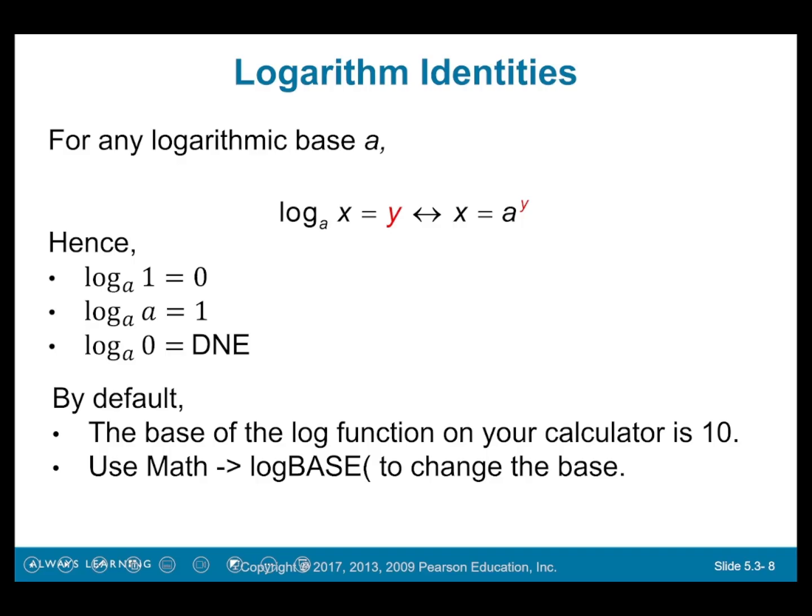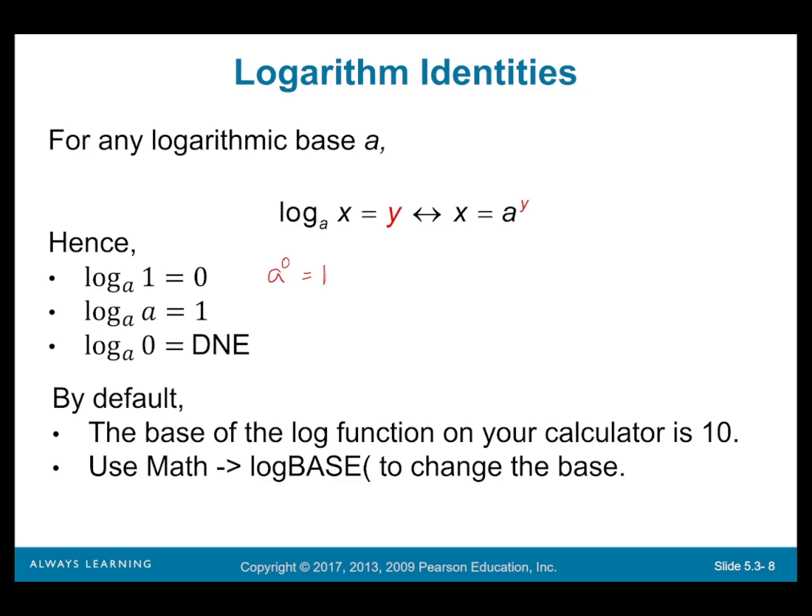Now, a couple of things that are important to note. If I ever have log base a of 1, that equals 0. See, if I say a to the 0, applying all our rules, well, we know that equals 1, which means it doesn't matter what my base is, the log of 1 is always 0, because anything to the 0 power gives me 1.